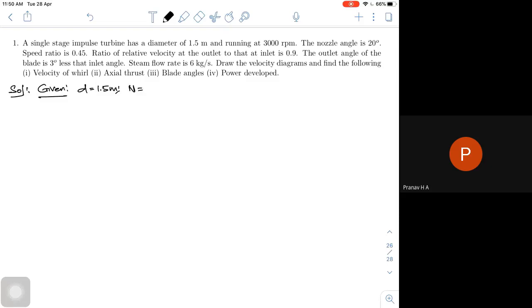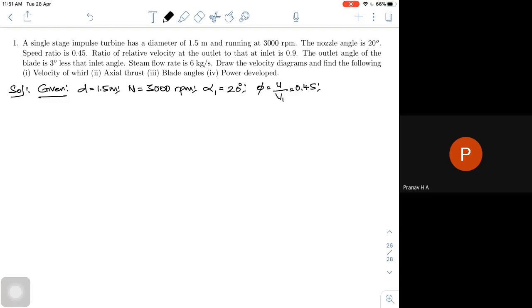N is 3000 rpm, the nozzle angle alpha 1 is 20 degrees, and your speed ratio phi equal to u by V1 is 0.45.